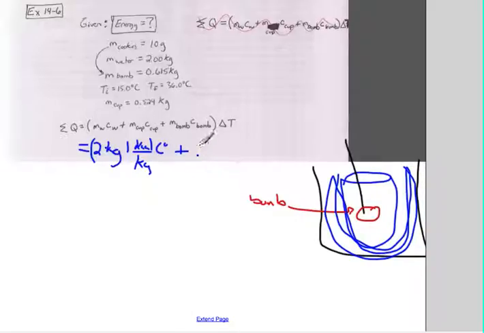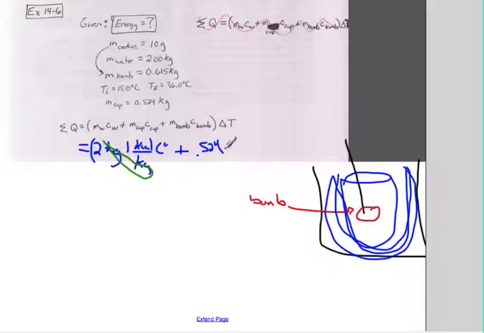So the mass of the cup is 0.524. So you can see that these already cancel out. So you get kilocalories times degrees Celsius. We'll worry about that in a sec. Plus 0.524. I'm not going to keep writing it.